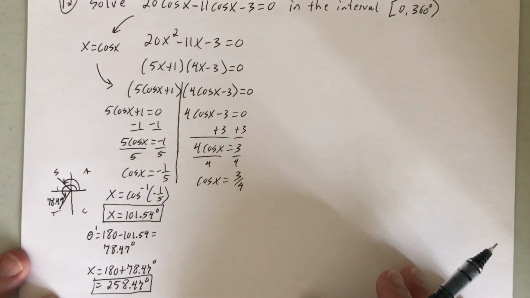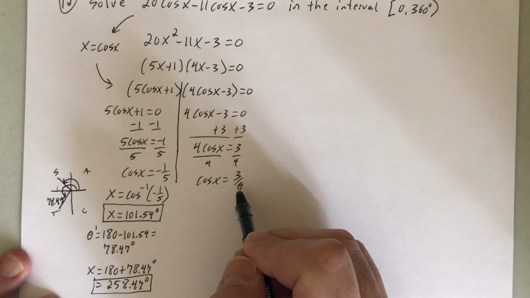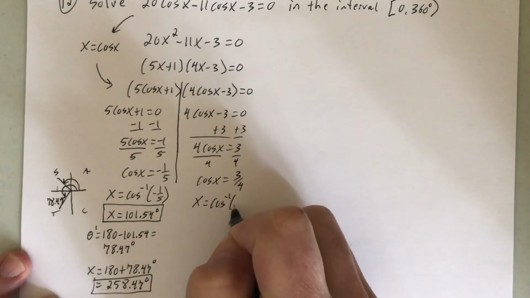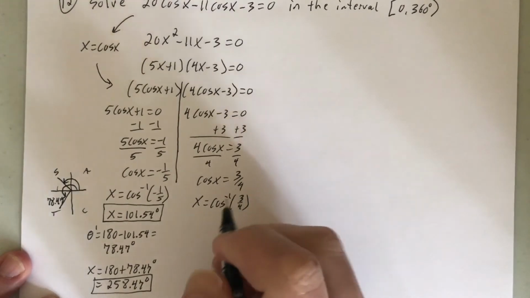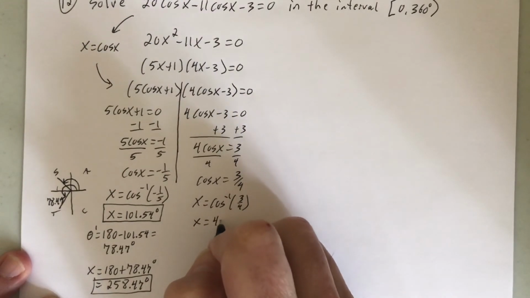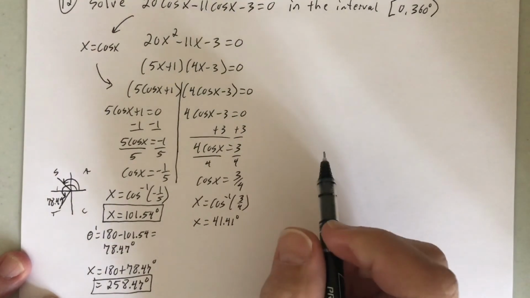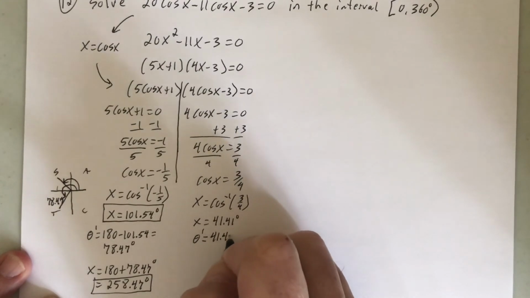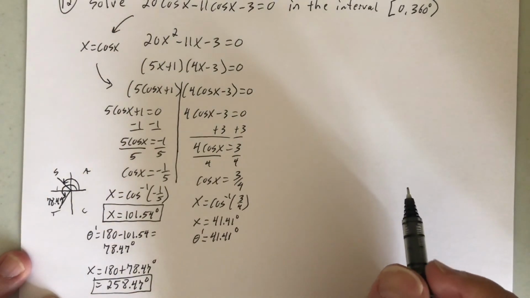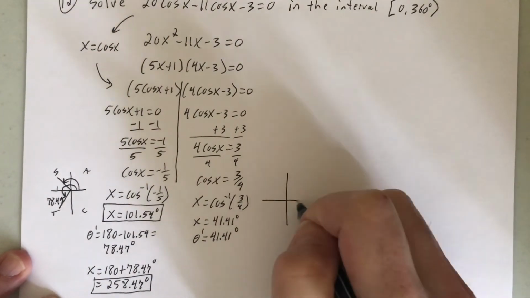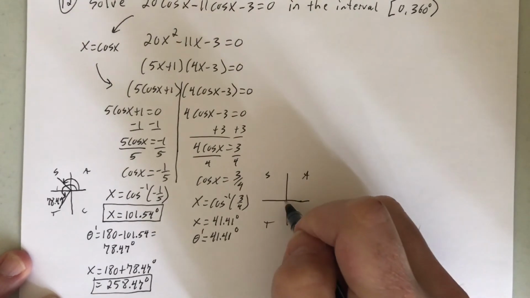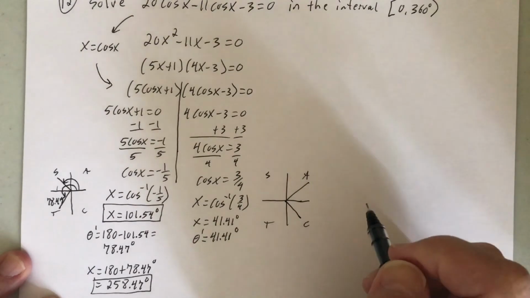So now on this side, cosine of x equal to 3/4, when you do the inverse, so x equals cosine inverse of 3/4, that gives me x is equal to 41.41 degrees. Well, that's convenient because that's already theta prime. It's a positive acute angle. So theta prime, my reference angle, is 41.41 degrees. Now, if you think about when is cosine positive, all students take calculus, it's in quadrant 1 and in quadrant 4.